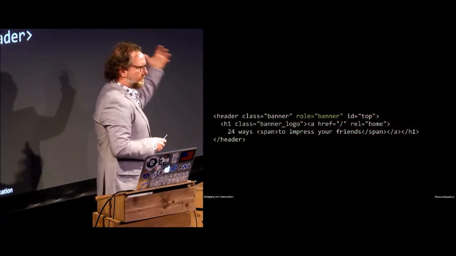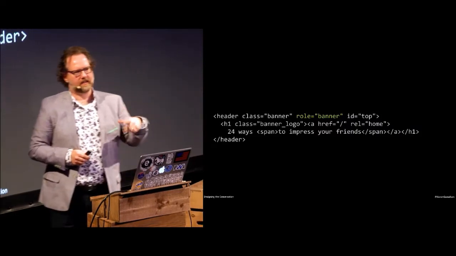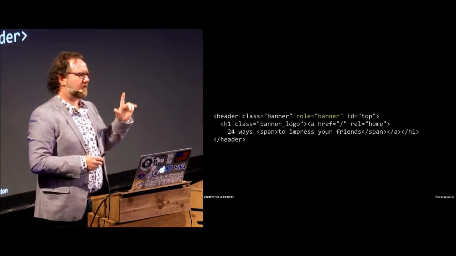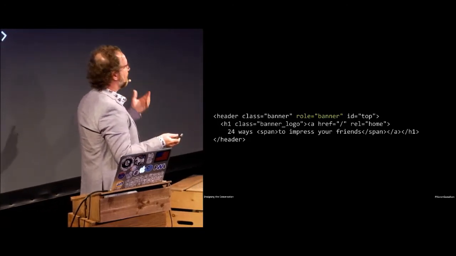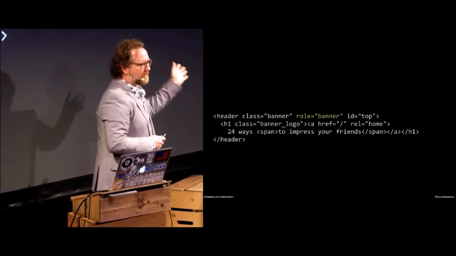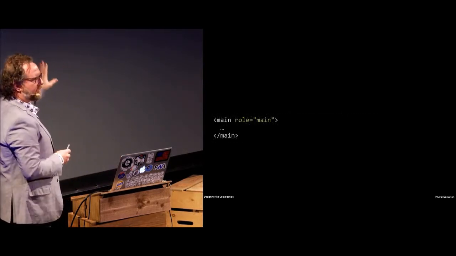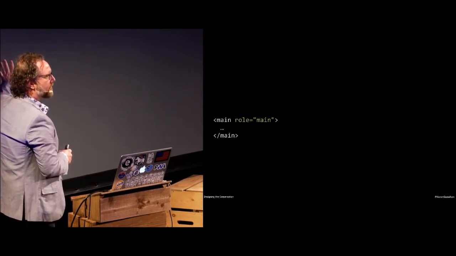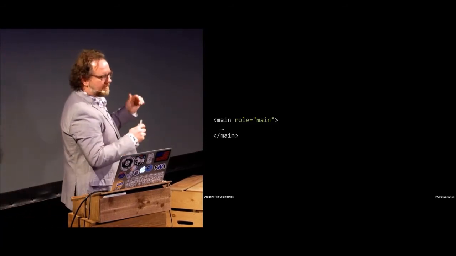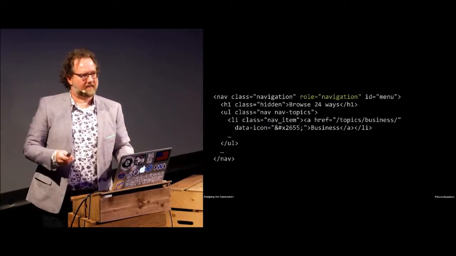They have their primary header on the site, which has a role of banner. Interestingly, if you have a header element, the first header element that's inside of a non-sectioning element, like the body, automatically is granted the role of banner, so you don't need to explicitly say it, but you can. There's the main element, which actually came after the role of main, so it also automatically inherits the role of main, but again, a little bit of redundancy there. There's content about navigation.